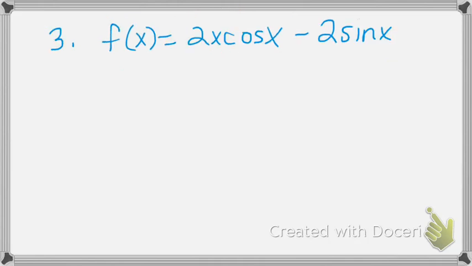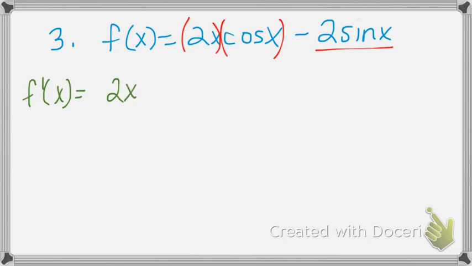Alright, so this one, you're going to do the product rule for the first part of the equation. But then we're just going to find the derivative of that just outright because it's not a product, it's just a number times a function. So I'm going to do the product rule first with 2x and cosine x. So the first times the derivative of the second. Derivative of cosine is negative sine of x.